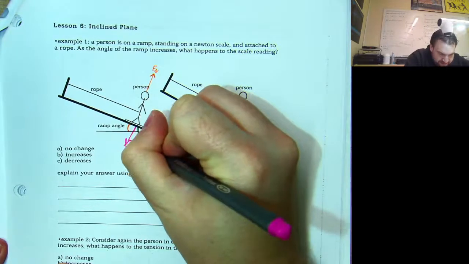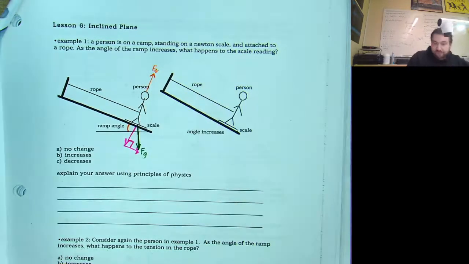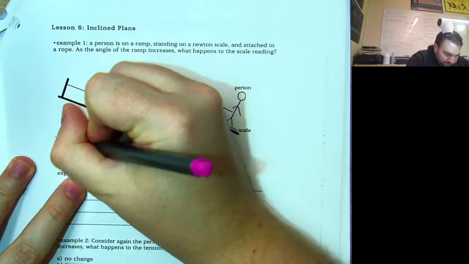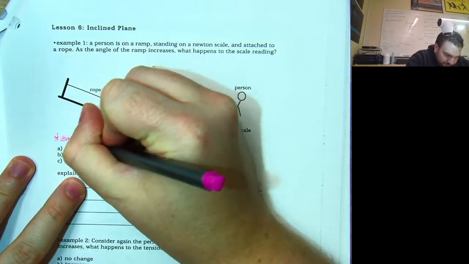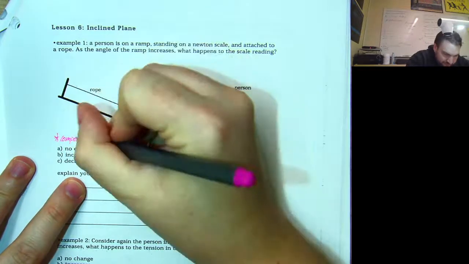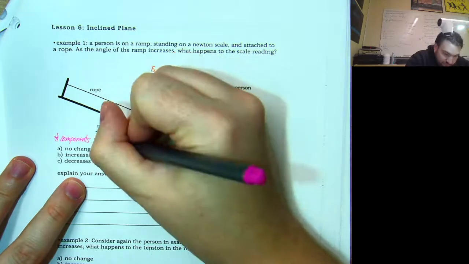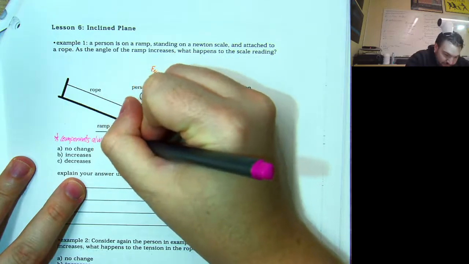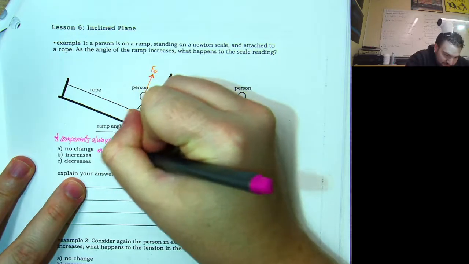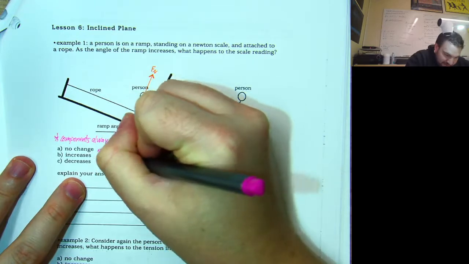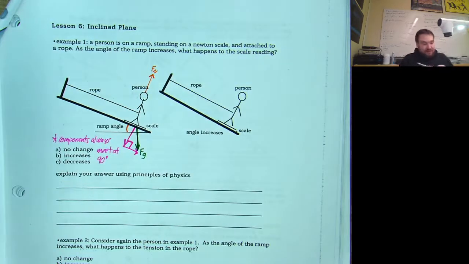This angle here is 90 degrees. I want to make a note here. Components always meet at 90 degrees. So it's the components that have to meet at 90 degrees.